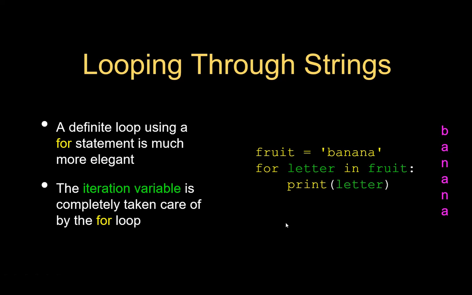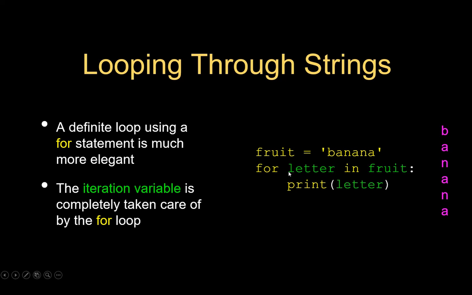This example is a more concise way to achieve almost the same result that we had on the previous slide. In this example we assign the string banana to the fruit. We just say for letter in fruit, which means we define our iteration variable here as letter. Letter is going to be our iteration variable.